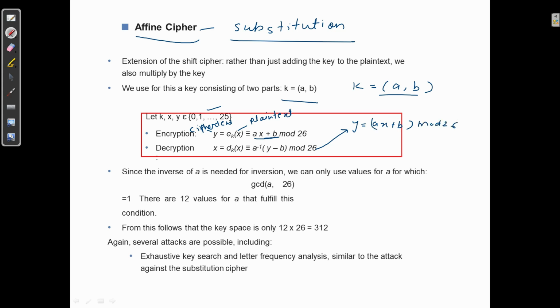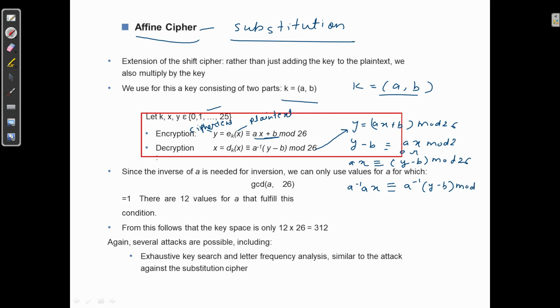So we can write y minus b is equal to ax mod 26, or we can say that ax is congruent to y minus b mod 26. If we multiply both sides by a inverse, we get a inverse times ax is congruent to a inverse (y minus b) mod 26.